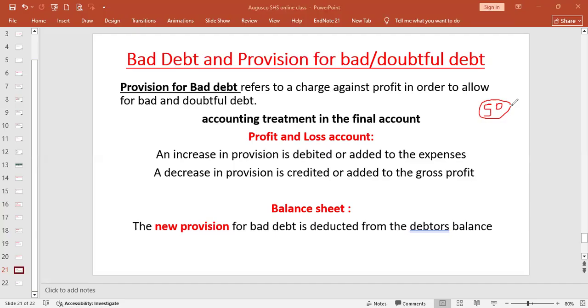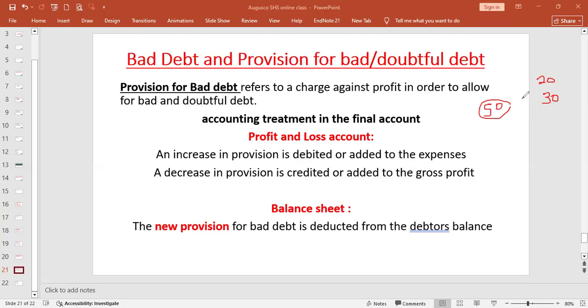Or another scenario is you have two debtors. One owes you 20 cedis. The other owes you 30 cedis. And both of them are not feeling well. They are ill, seriously. Or let me say, they are going insane, right? Now, you made a provision for 50 cedis to cover these debts if they are not able to pay.